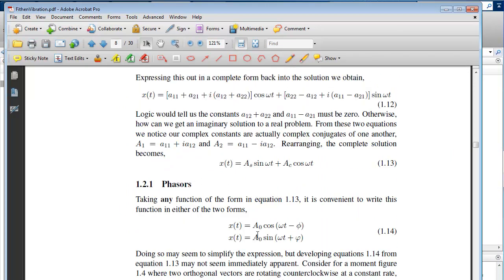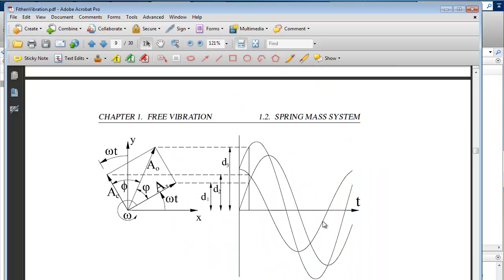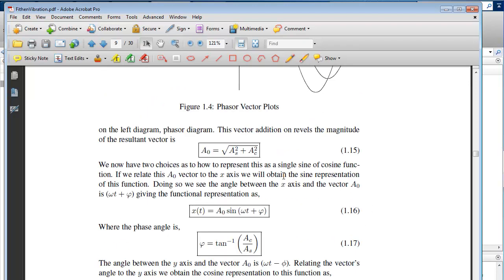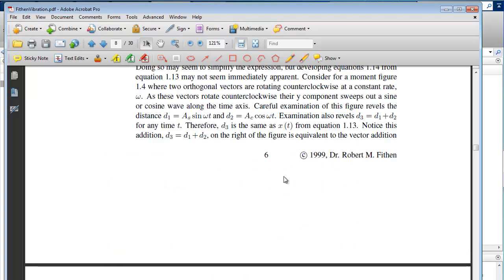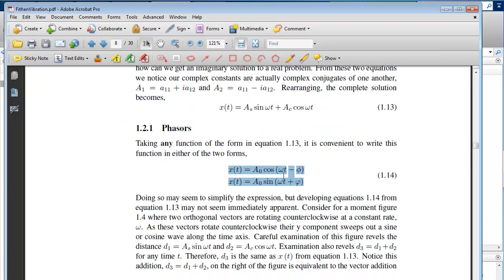I want to take this equation, these two, and prove that they're equivalent by showing them in this way. So here's what we're going to do. I'm basically going to take this equation.